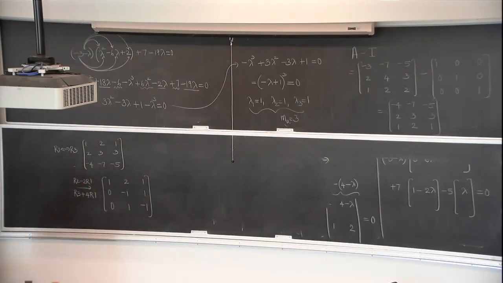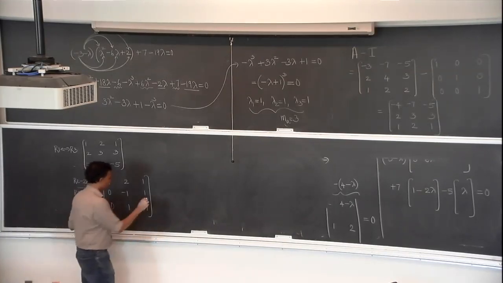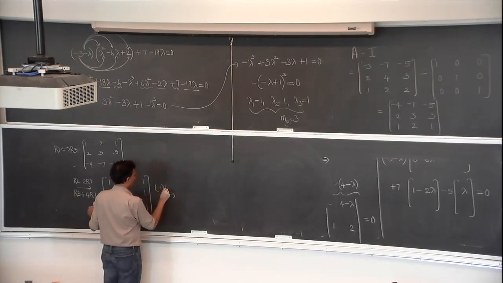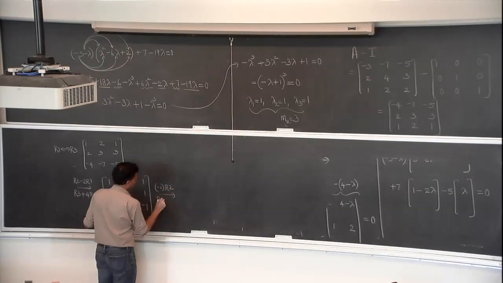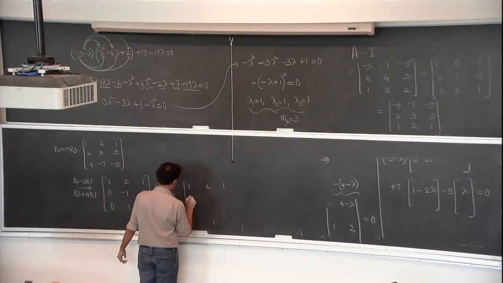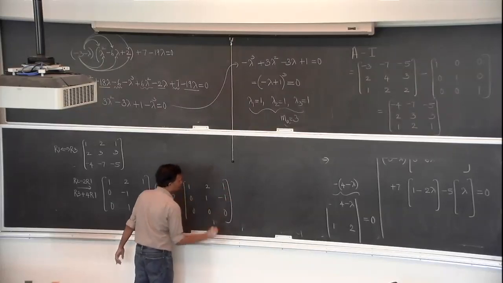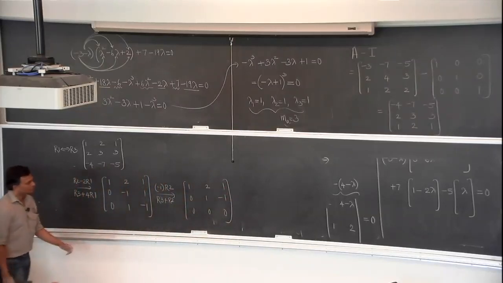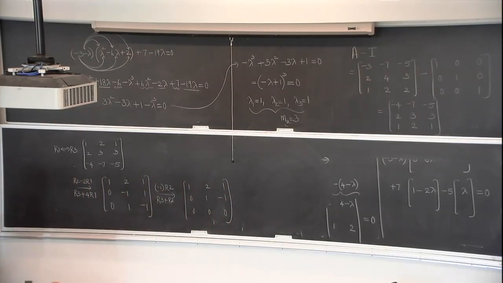Okay, so at last there is hope. Those two rows look right to create a row full of zeros. So you can do negative R2 plus R3, whichever order you do it: 1, 2, 1, 0, 1, -1, 0, 0, 0. So for this particular matrix, you had the eigenvalue with the multiplicity of 3.